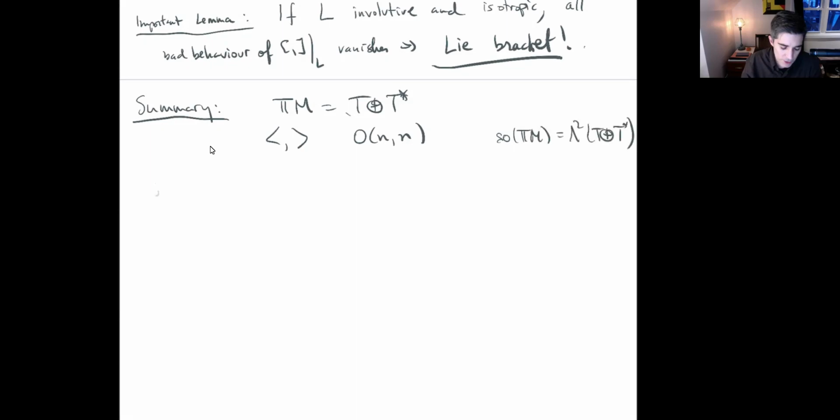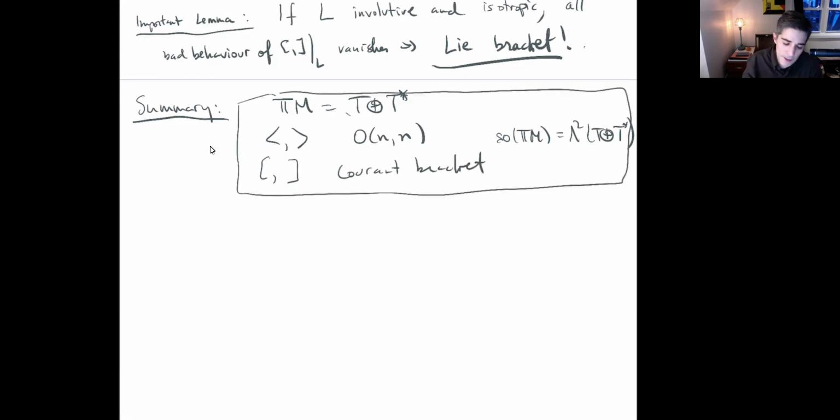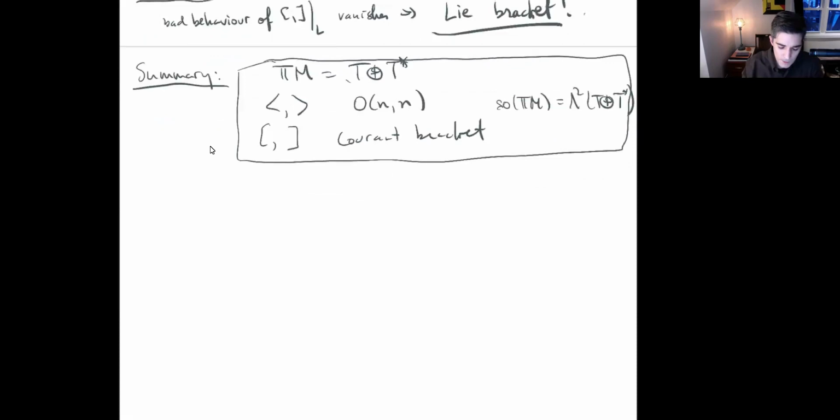We have a GC, and we have a bracket, a Courant bracket. This is the initial playground of generalized complex geometry. And this playground is called a Courant algebroid.